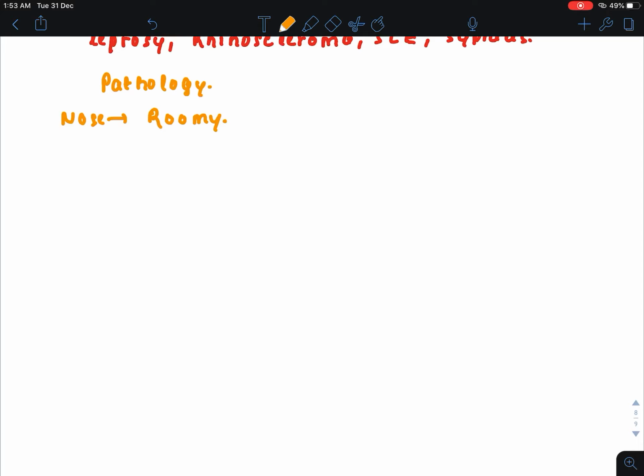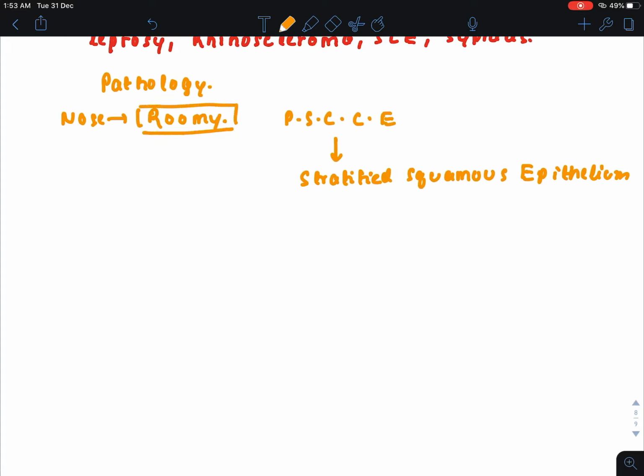Here pseudostratified ciliated columnar epithelium undergoes metaplasia and changes to stratified squamous epithelium. You can see the nose looks like an empty space, but in spite of the roomy cavity the patient has nasal obstruction.